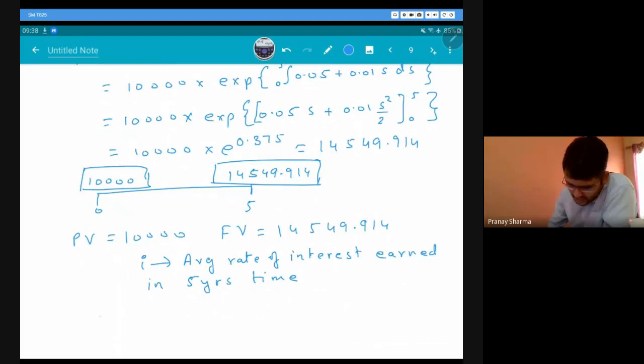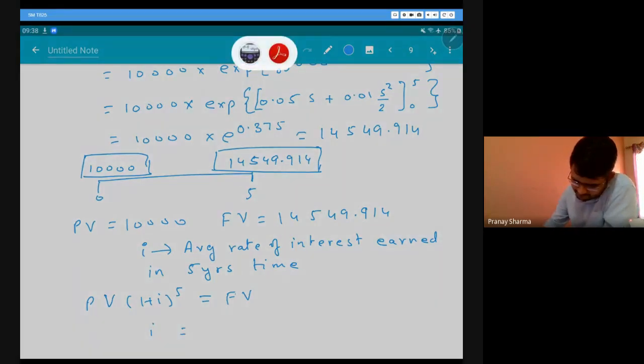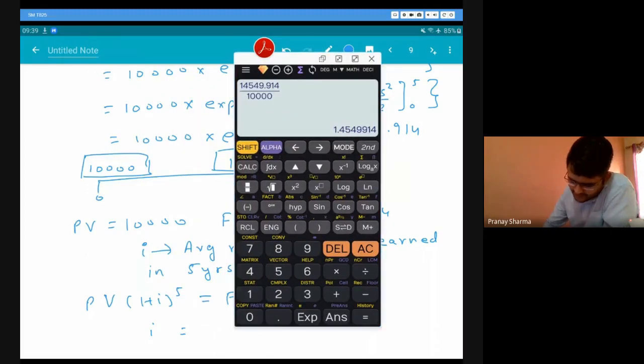So we'll say our present value into 1 plus i raised to 5 should give me future value. So my i will be this raised to 1 by 5.